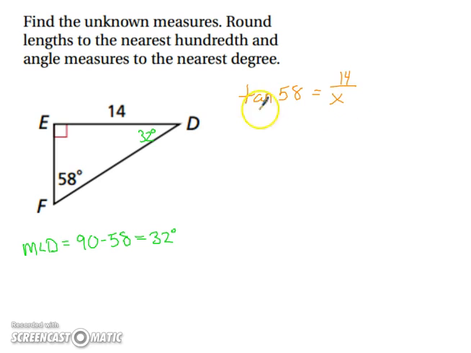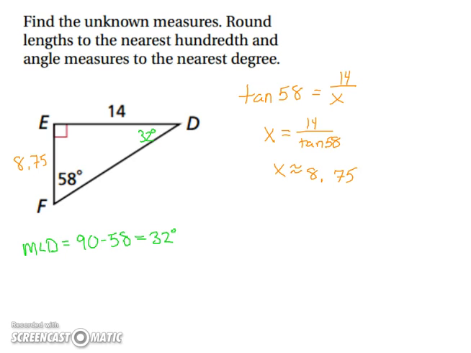So we're going to multiply both sides by x and then divide both sides by tangent of 58. So x is 14 divided by the tangent of 58. And therefore x is about 8.75. So EF is about 8.75.